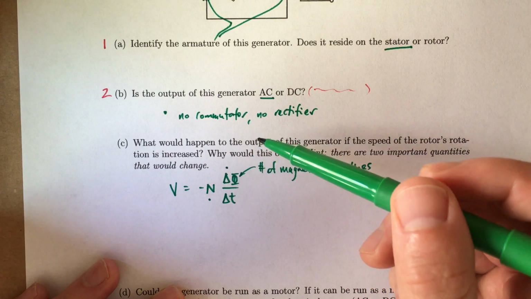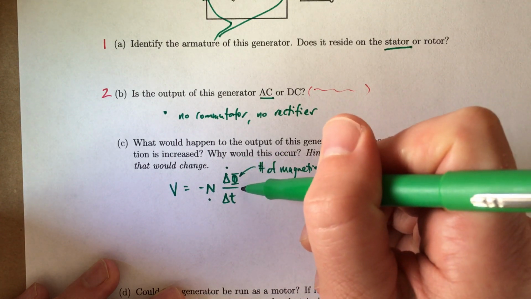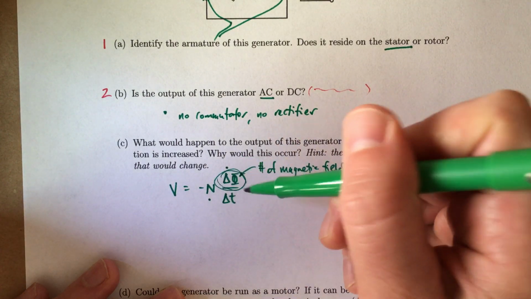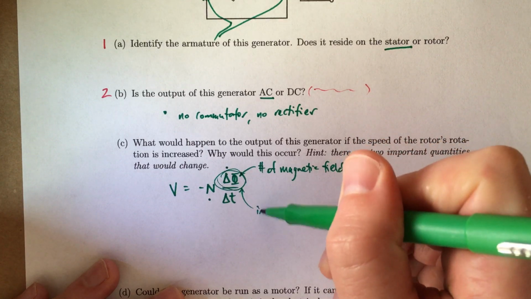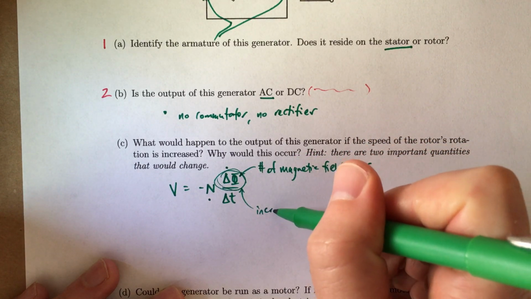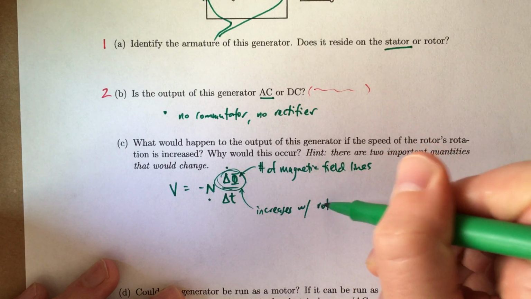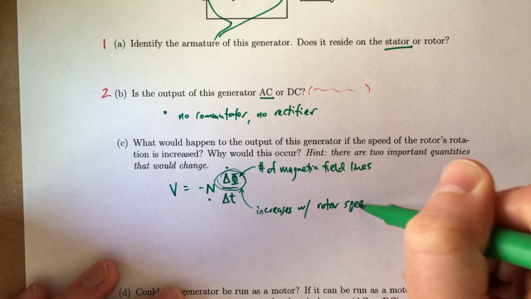That means that the change in magnetic field increases with rotor speed.